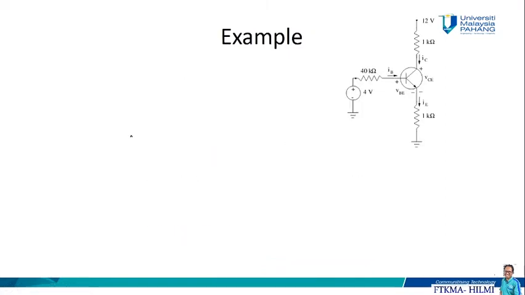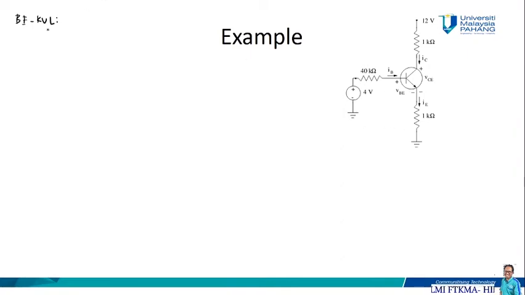Let's try answering this last example. We are going to use KVL to obtain equations between the base and emitter. So we are going to write the base emitter KVL. Using KVL, we are going to assume that this is in one complete loop.